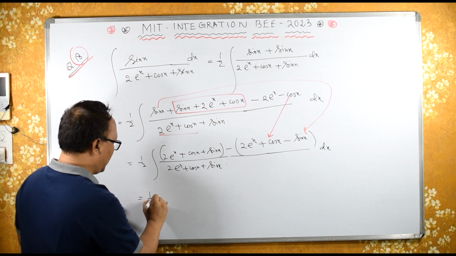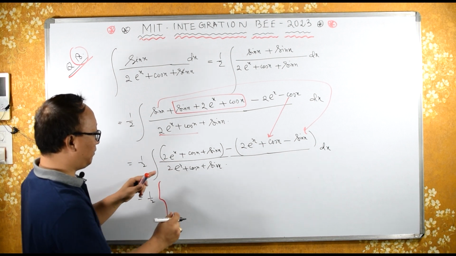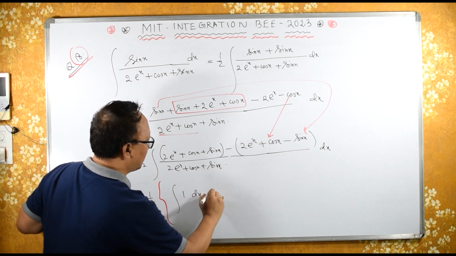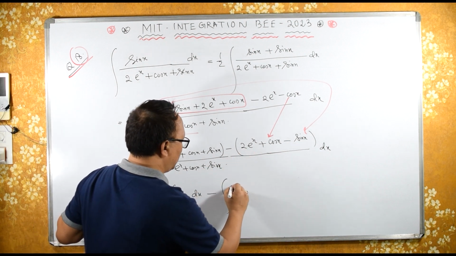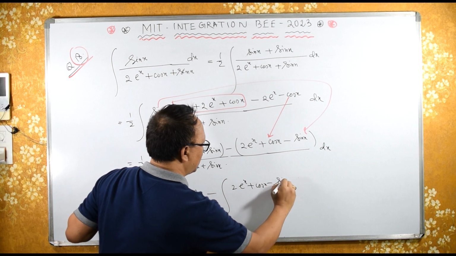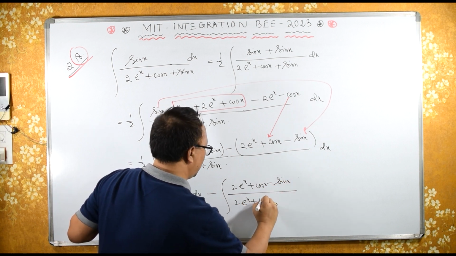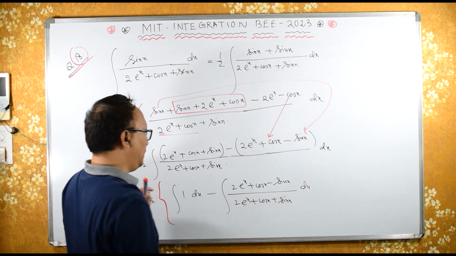So half outside we have, as well as the integration. Here we have this upon this, let's say integral 1 dx minus this, integral of (2 e raised to x plus cos x minus sin x) upon (2 e raised to x plus cos x plus sin x) dx.